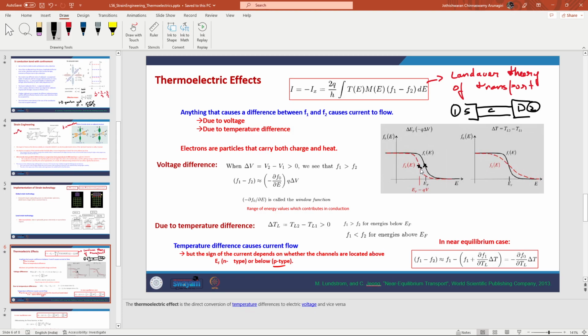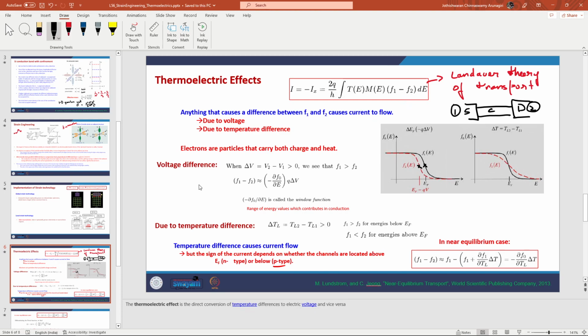If I have a voltage difference of delta V from the source to the drain, and let me assume that the source is grounded and the drain is given the finite voltage, then the drain Fermi level will be shifted and the source will be present at the same level. So this kind of difference, which is given by the Fermi window function for small voltages, gives us the electronic conduction. So this is the first way in which F1 minus F2 can be made non-zero.